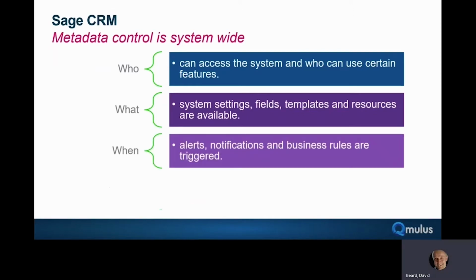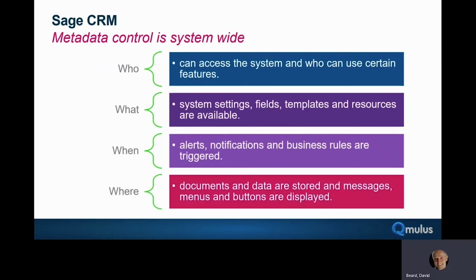There's also the when context of metadata, which is things like business rules and where they are looking out for changes in data or changes in time to fire an alert, to fire a notification.